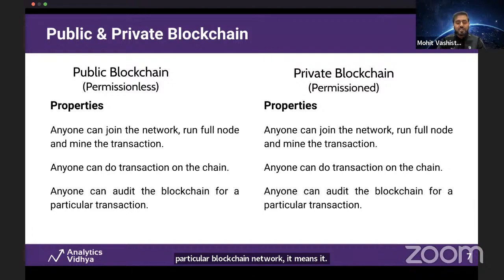If there is a restriction in joining the network, in terms of roles or access control, like you can only do certain functionalities, it is a permissioned blockchain. It means someone or some group has the power and controls the network.